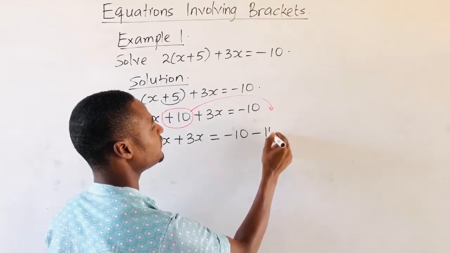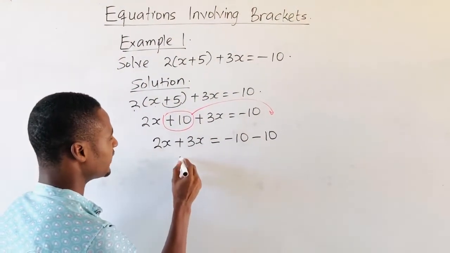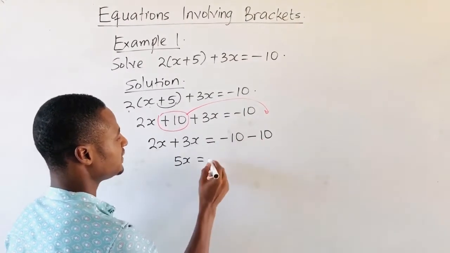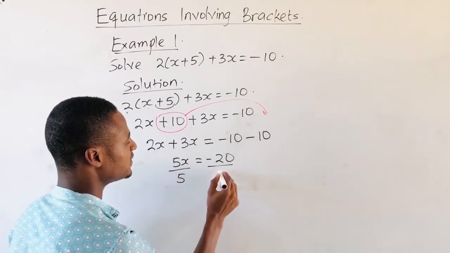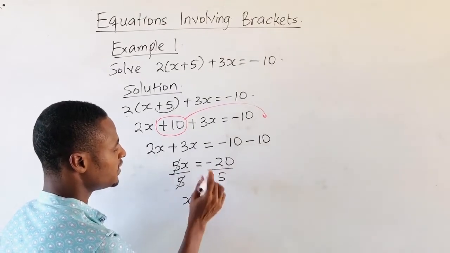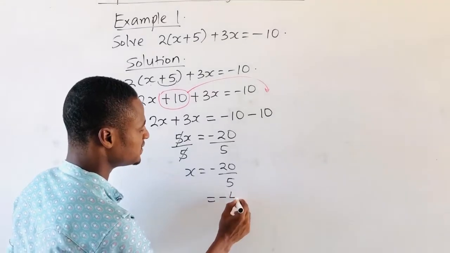becomes negative 10. 2x plus 3x will give us 5x, and that will be equal to negative 10 minus 10 gives negative 20. We divide through by the coefficient of x, which is 5, so that x will be equal to negative 20 divided by 5, which will give us negative 4.